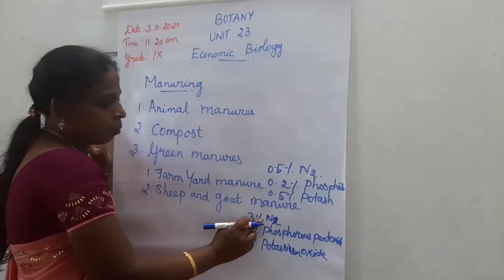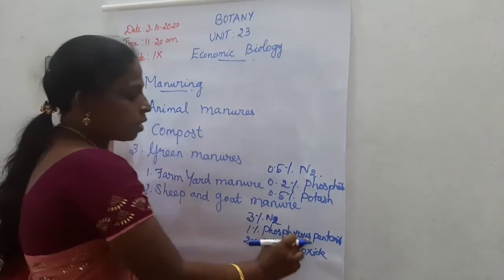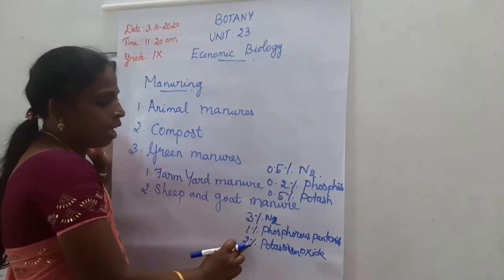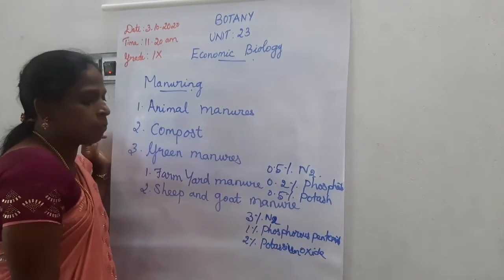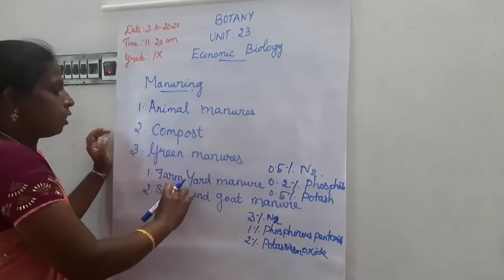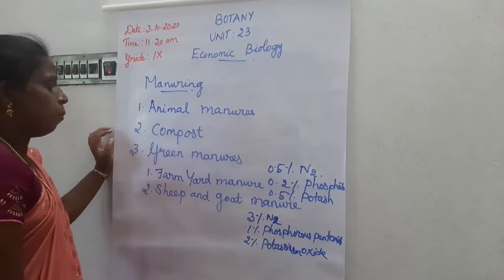It consists of 3% of nitrogen, 1% of phosphorus pentoxide, and 2% of potassium oxide. So sheep and goat manure has higher nutrient content than farmyard manure. These are the types of animal manures.